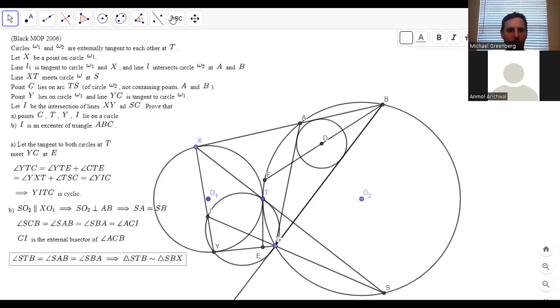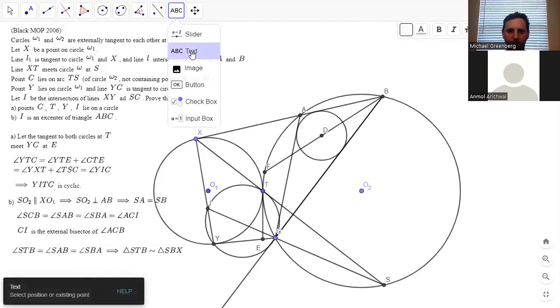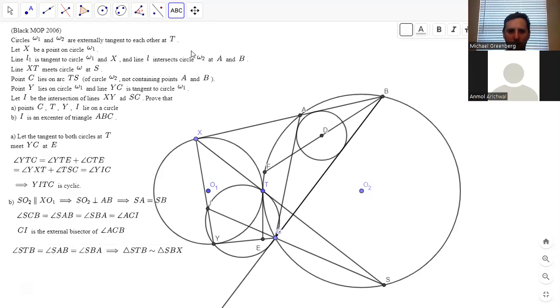Let me just type out everything you've written. Oh, but I think this is also, because then we have SB squared is equal to ST times SX, which is equal to SA squared. Oh, but SI squared, we also need to show that.